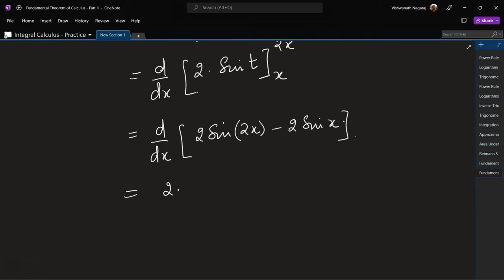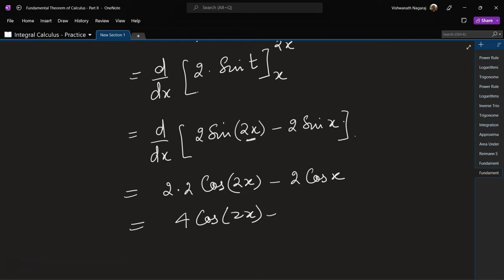So 2, when we differentiate sine, we get cos 2x, minus 2 sin x is cos x. So what we have is 4 cos 2x minus 2 cos x.